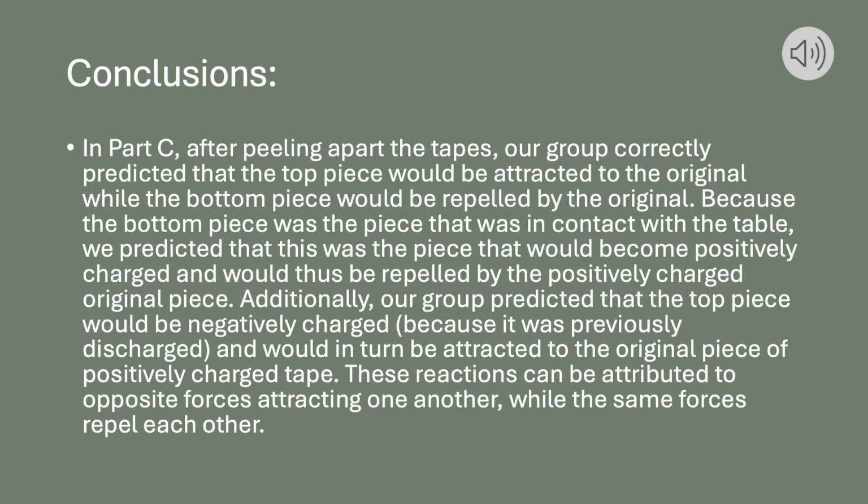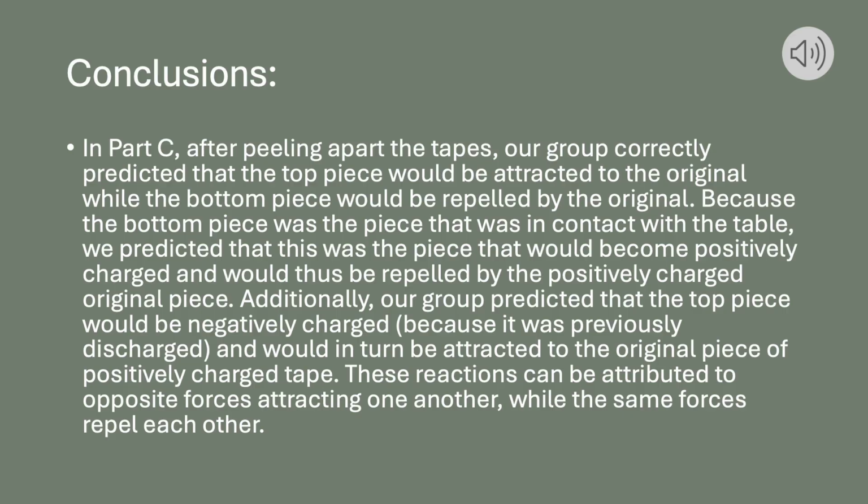For our second conclusion, in part C, after peeling apart the tapes, our group correctly predicted that the top piece would be attracted to the original, while the bottom piece would be repelled by the original. Because the bottom piece was the piece that was in contact with the table, we predicted that this was the piece that would become positively charged and would then be repelled by the positively charged original piece.